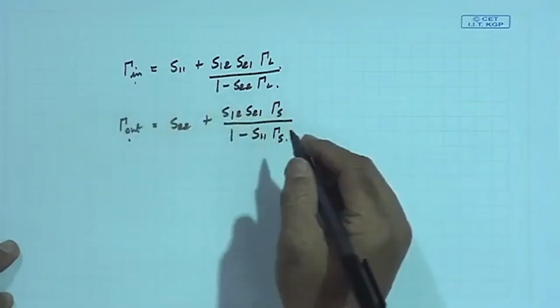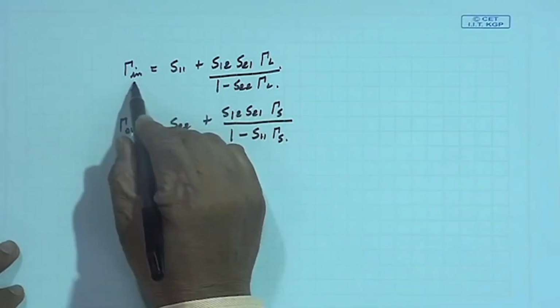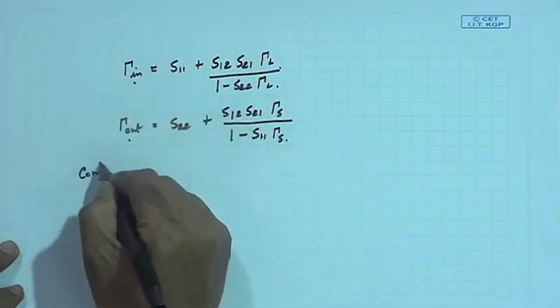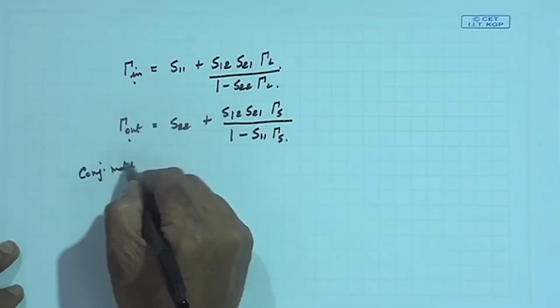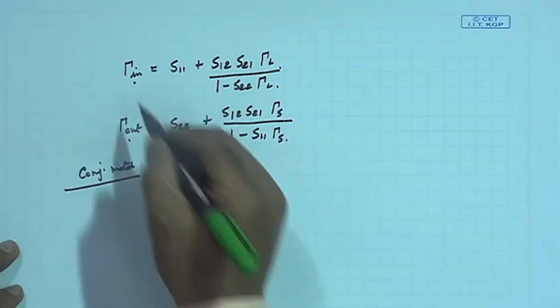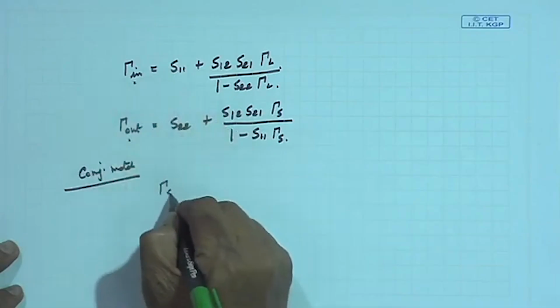Now, for conjugate matching, this is general. Conjugate matching, that time I will make the choice that gamma in is gamma S star.